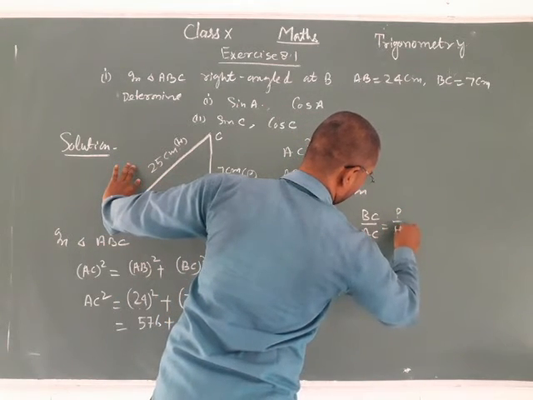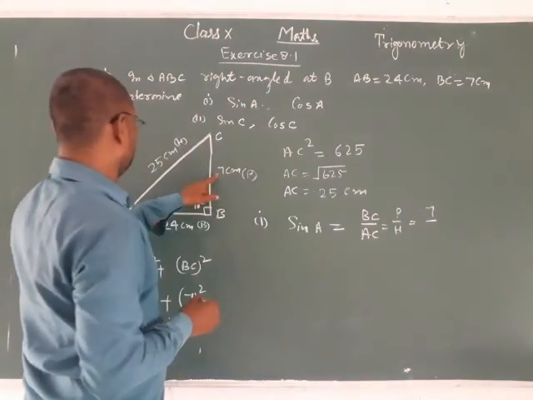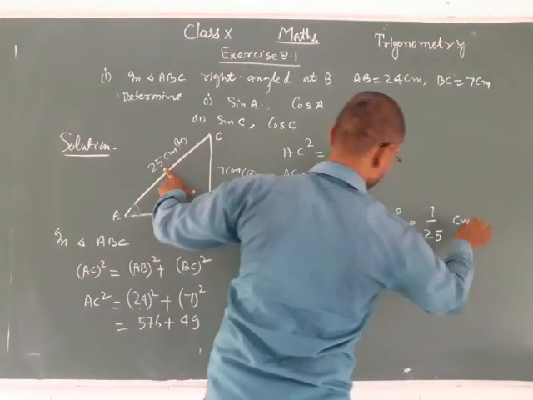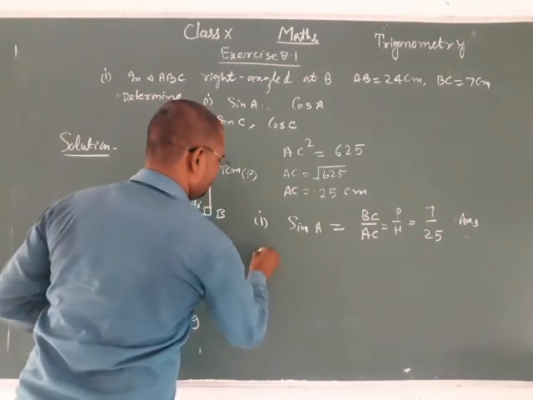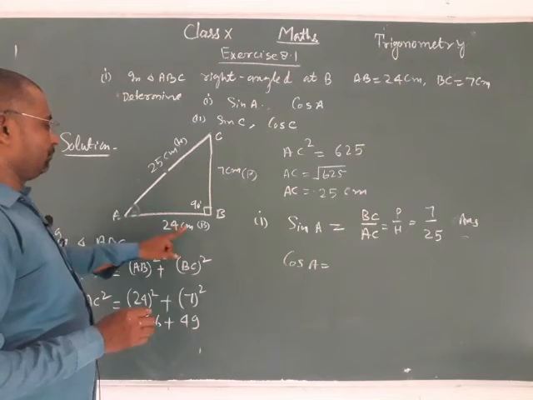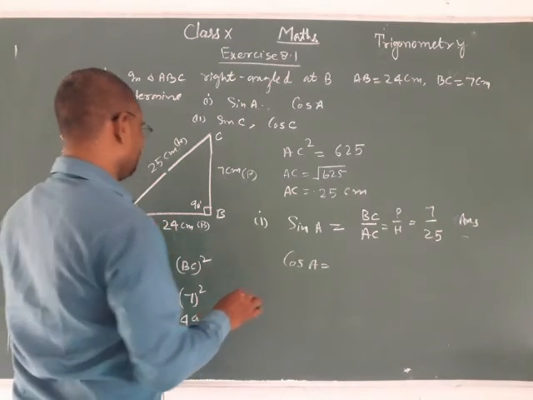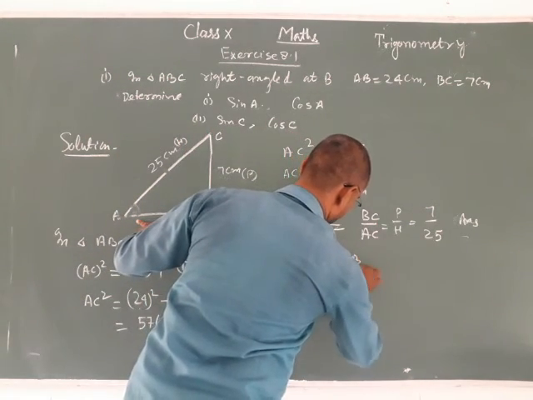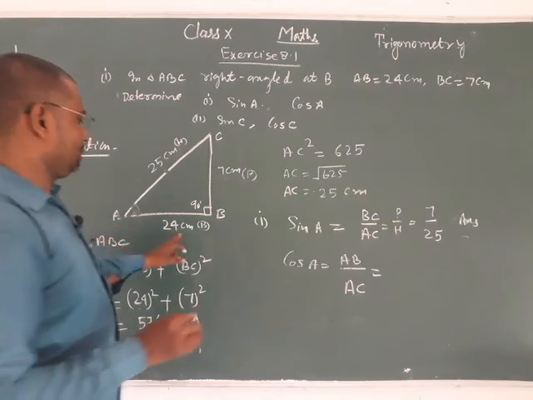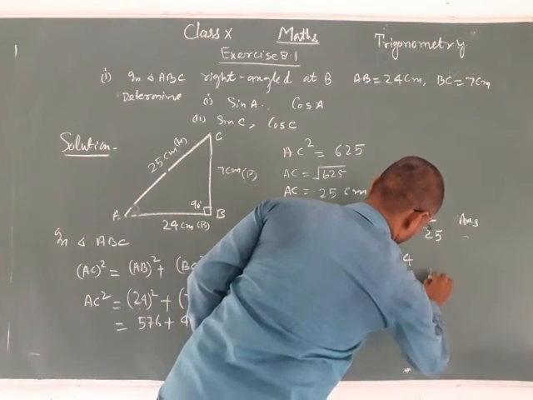The perpendicular is 7 upon AC 25. This is the answer for sin A. In the same way, cos A is base B by H, AB upon AC, which is 24 upon 25. This is the answer.